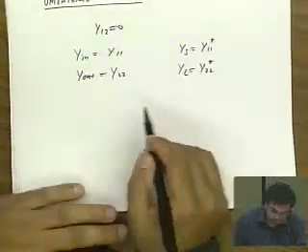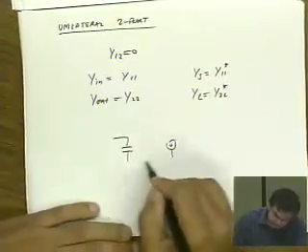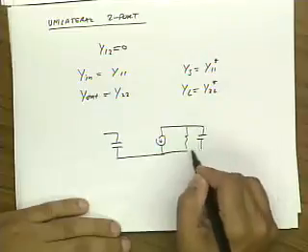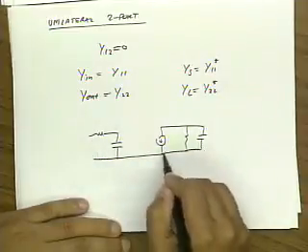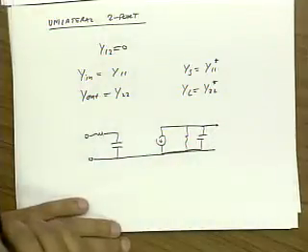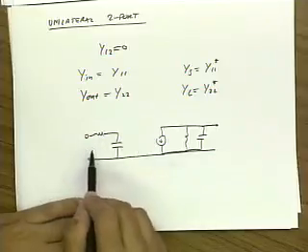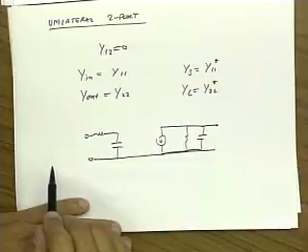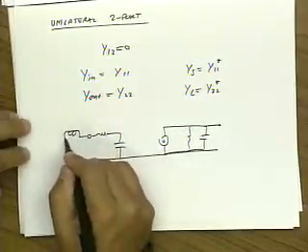Well, let's take an example. Let's take the example that we used for a simple transistor model that's unilateral. If I look into the input here, the input admittance is just this in series with this, right? And so if I want to drive it with a complex conjugate admittance, I just put an inductor here.